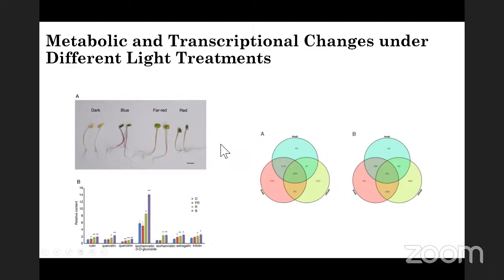We use different LED light to light the seedling. You can see the dark, the blue light, far red, and the red light. The seedling under the different light. We use LC-MS to determine how the different light regulates the compounds' accumulation.